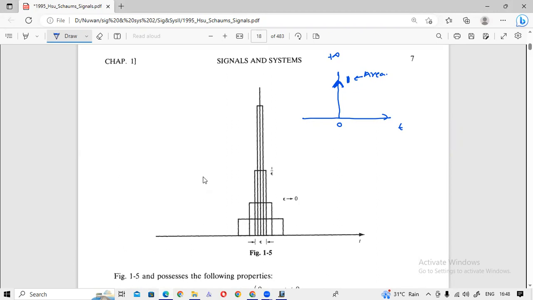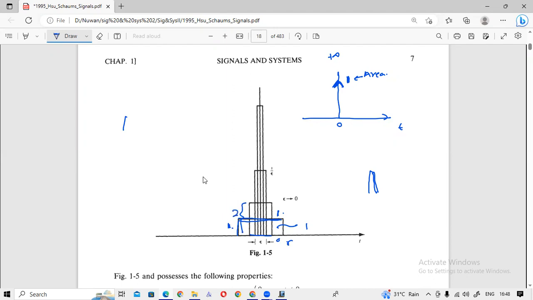So you can see that if you take a very small one, for example a rectangle, if this is 1 and this length is also 1, 1 by 1, the area is 1, no? And if you take this length 0.5, then you have to take this length 2.